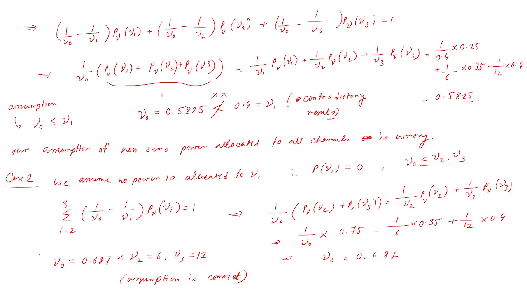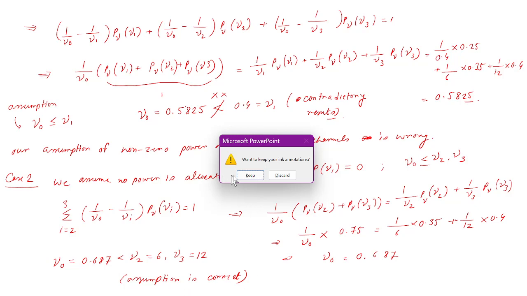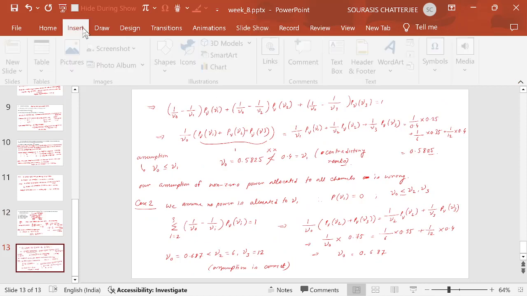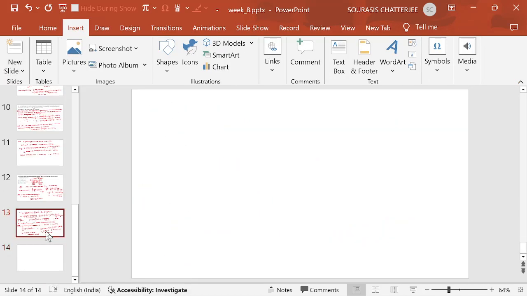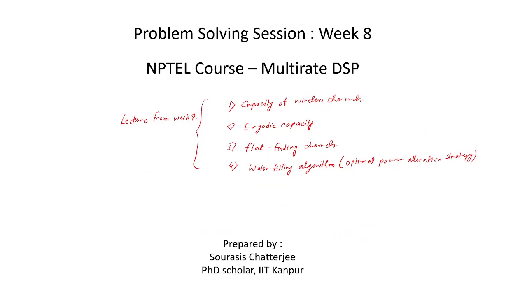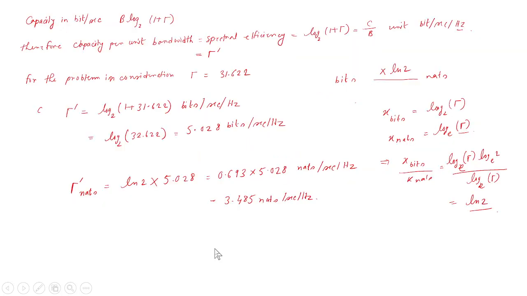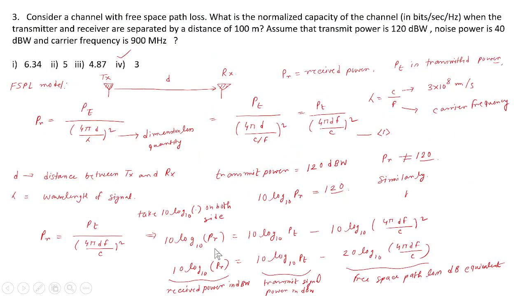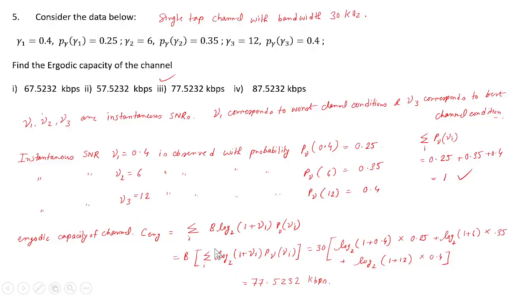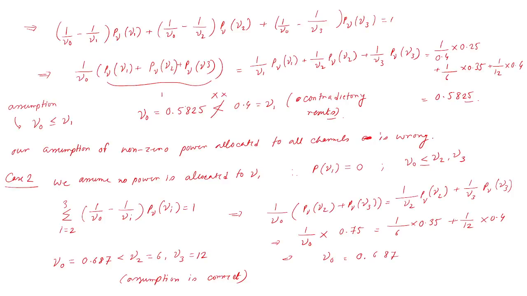So let us add a slide to find what is the power allocated to the streams. Okay, you have found the gamma naught value to be 0.687, correct?